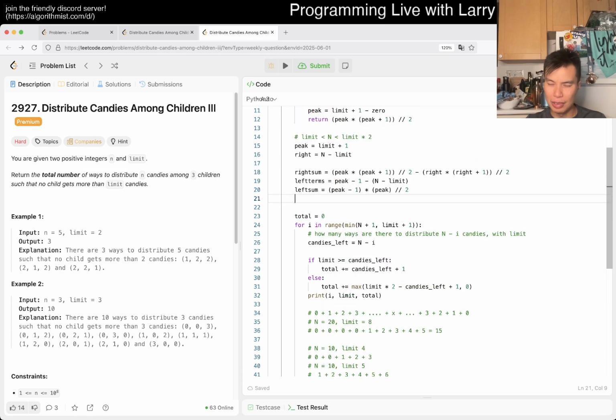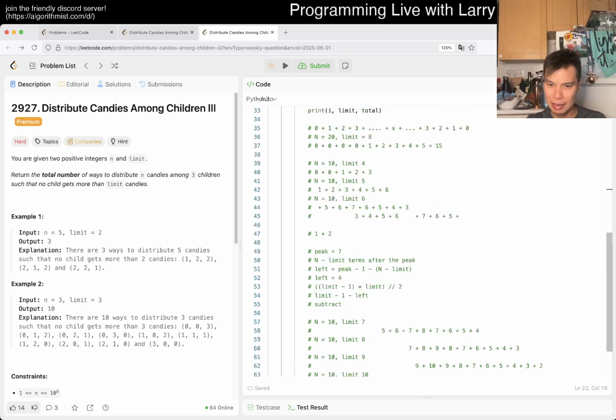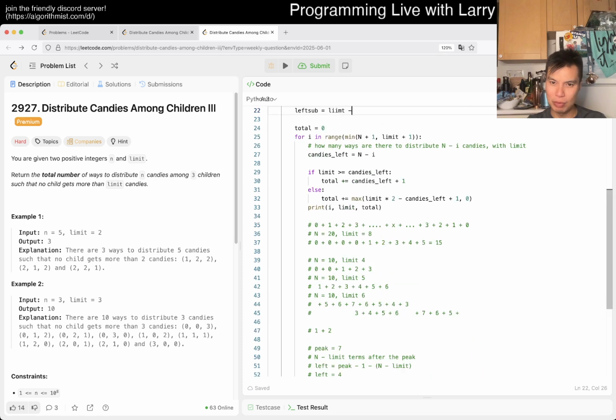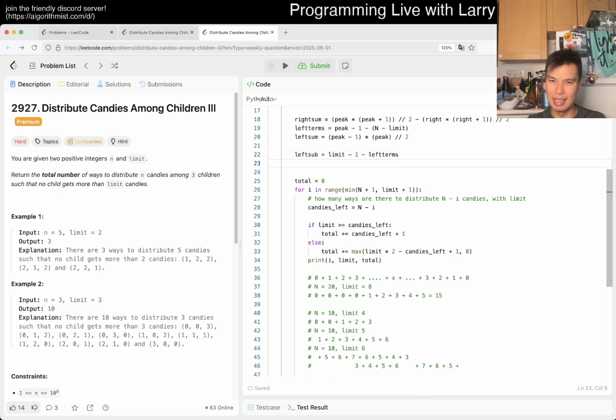And then the left subtract term is equal to, not n, limit minus 1 minus left term, and then yeah, that's going to be your big number.